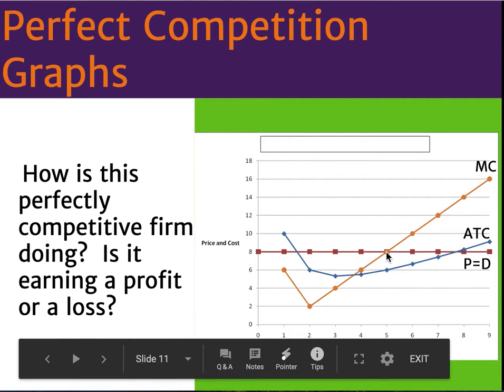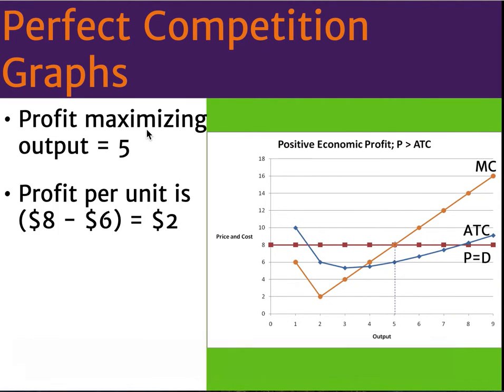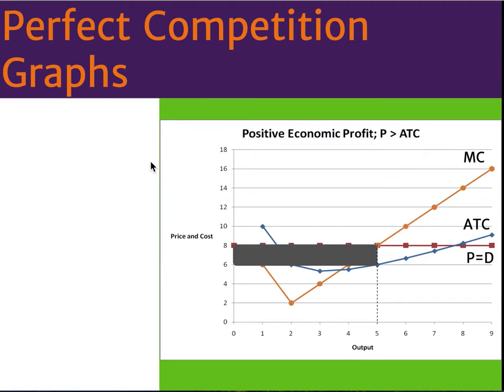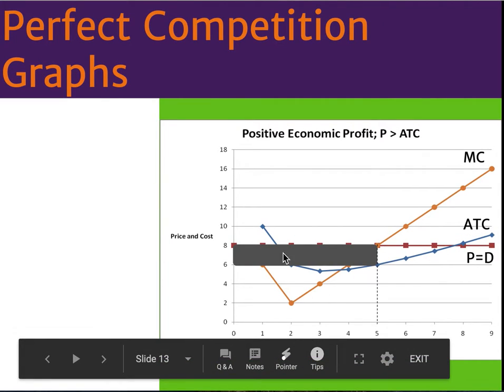Right here is at 5 units. So it's meeting at 5 units, and then you can see that that spot is above my average total cost curve. So because my revenue is greater than my costs, this firm is going to be earning a profit. And you can see that right here with this box.